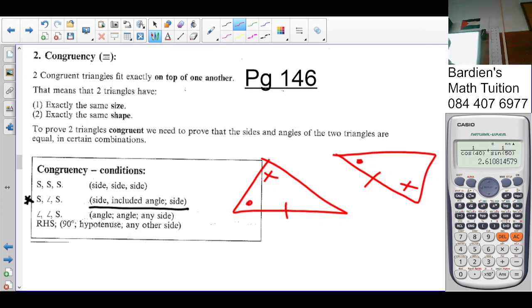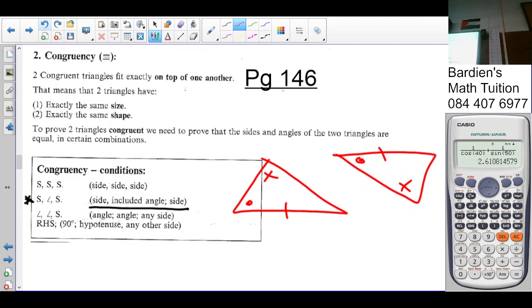No. It has to be opposite the angle marked X. Can you see that, people? So it won't work if that known is there. That won't work. Or if it's here, that also won't work. It has to be opposite the correct corresponding angle. Make sense, people? Yes, sir.